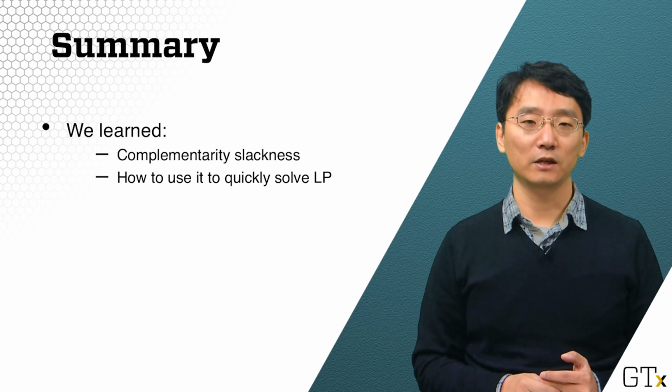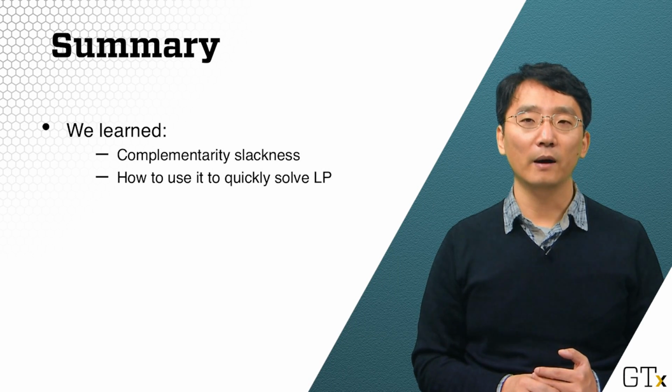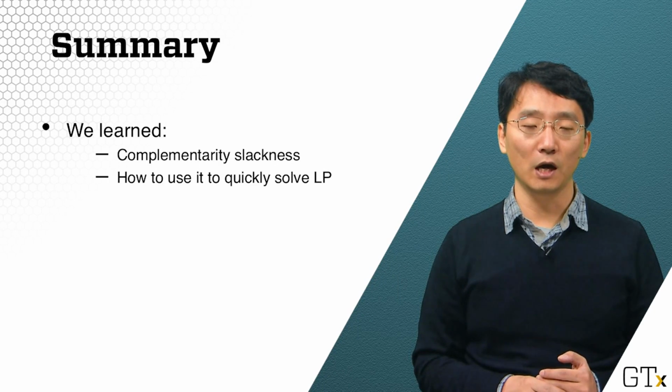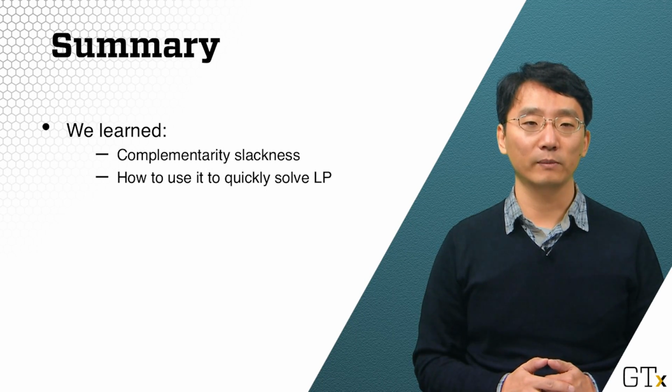Then we studied weak and strong duality, the relation between the primal and dual objective values. These are very important results. Then we used that to derive the table of possibles and impossibles. Finally, we came to the complementary slackness condition as an equivalent condition to strong duality and saw how to use it to solve LP.